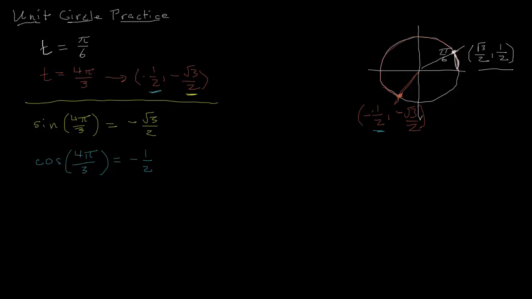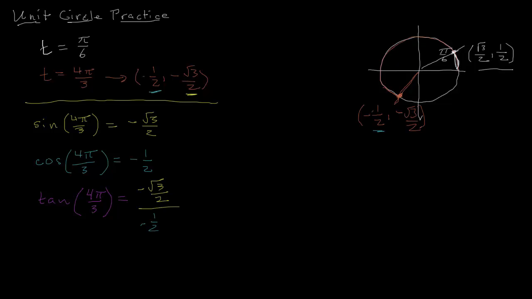And then the tangent for this real number, 4 pi over 3, is equal to the y, or the sine, divided by the cosine. So it's really negative root 3 over 2 divided by negative 1/2.